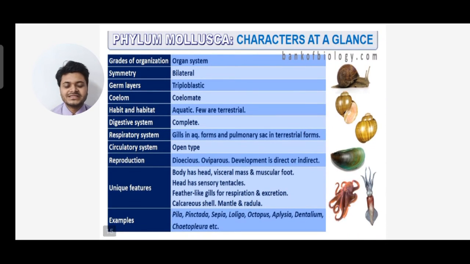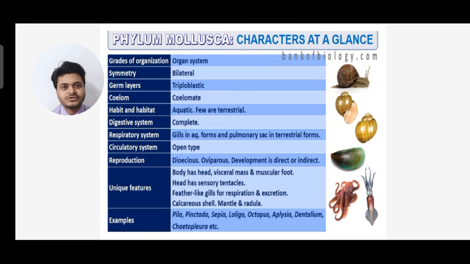In this slide I have given an overall summary of the phylum Mollusca, these characters at a glance. They have organ systems, bilateral symmetry, they are triploblastic, coelomate, aquatic with a few terrestrial, with a complete digestive system. For respiration they have gills in aquatic forms and a pulmonary sac in terrestrial forms.